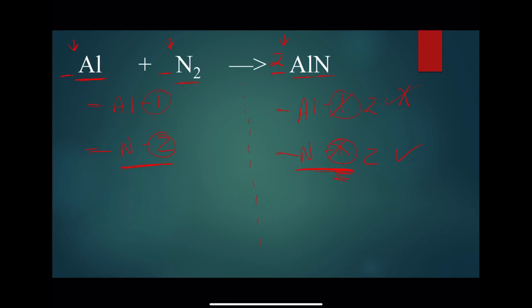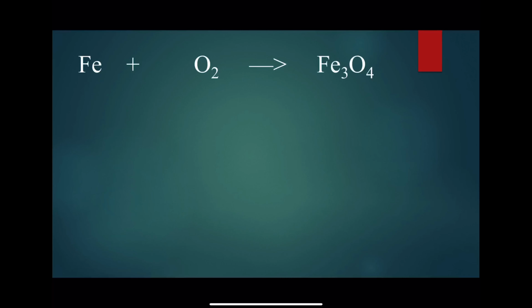And now I need to go back to the equation and balance it out for the aluminum by placing a 2 right here. So the balanced chemical equation is 2 aluminum plus 1 nitrogen produces 2 aluminum nitrides. It's 2 aluminums, 2 aluminums, 2 nitrogens, 2 nitrogens, and that is a balanced equation. Yay, it's happy.